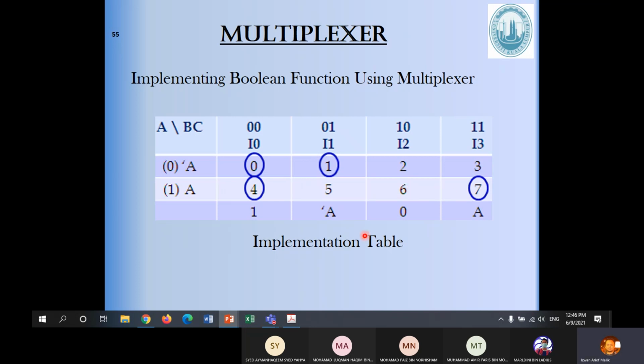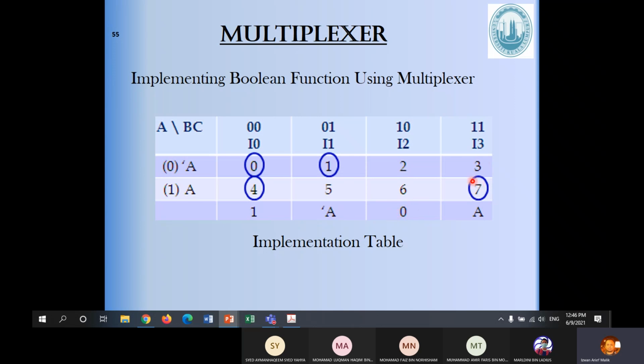And then in the implementation table, you compare. If both the 0 and 1 are circled, meaning A bar plus A, then we get 1. If only A bar, then we write down A bar. If none are circled, then we make it 0.